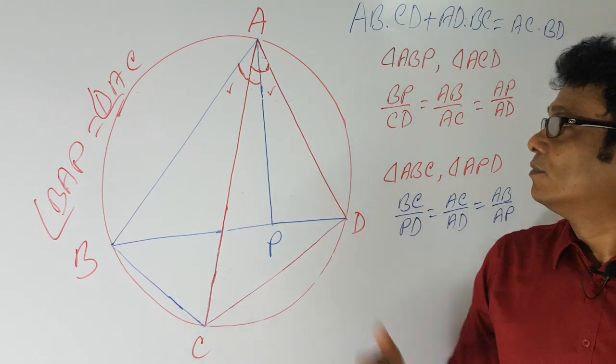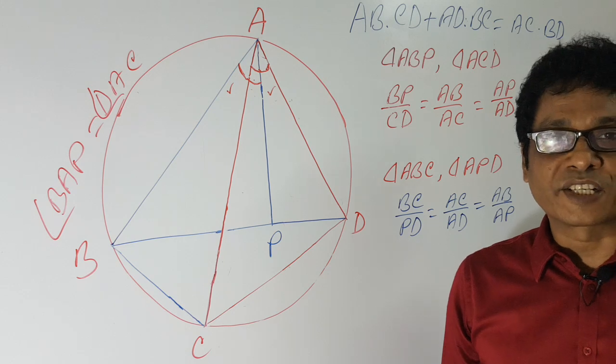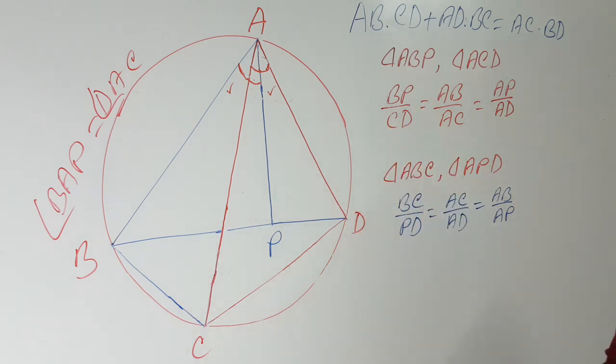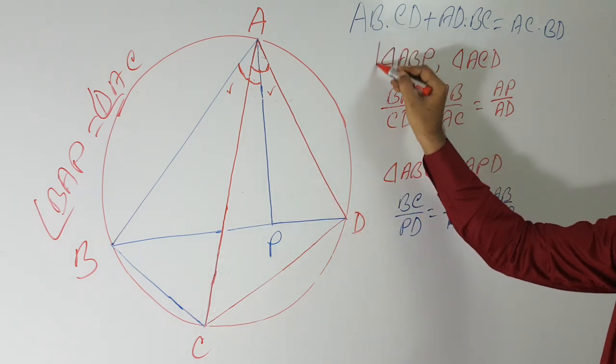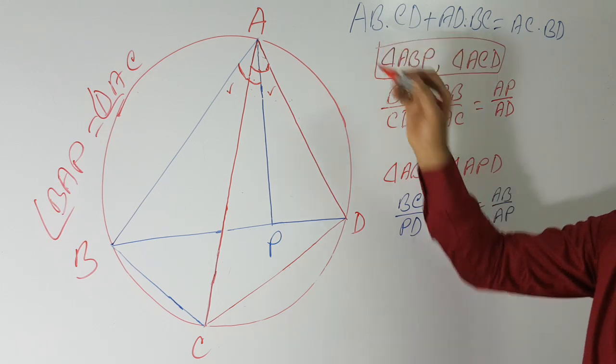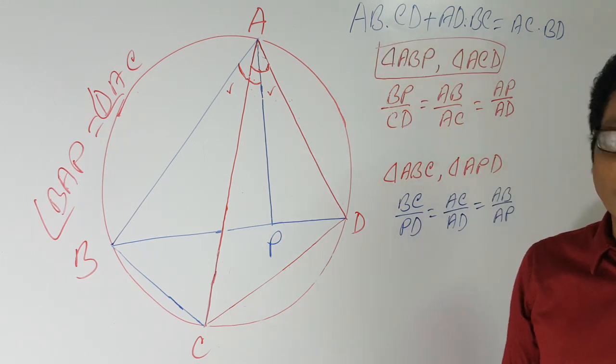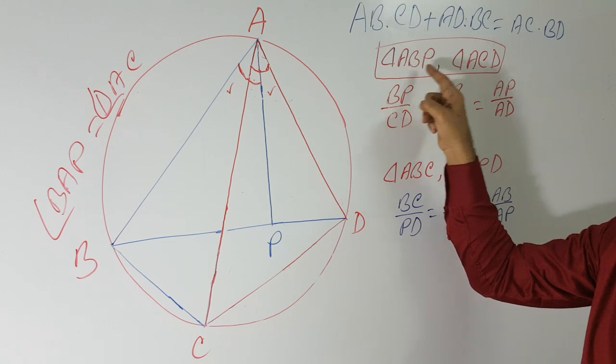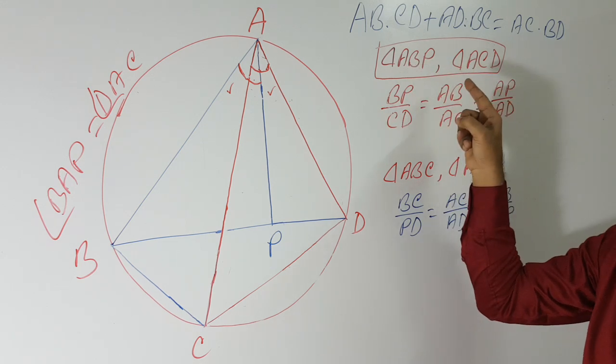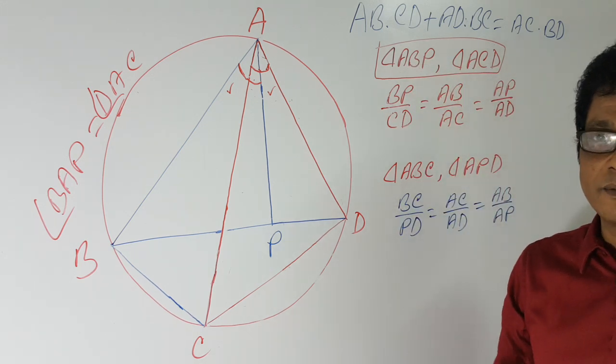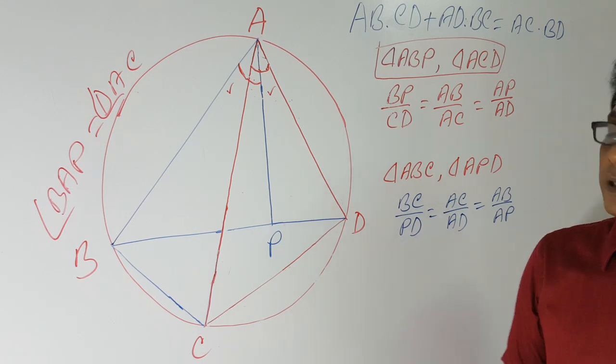This proof has two steps. First step, we will prove these two triangles are equiangular or similar. Triangle ABP and triangle ACD are equiangular and similar. What is equiangular?